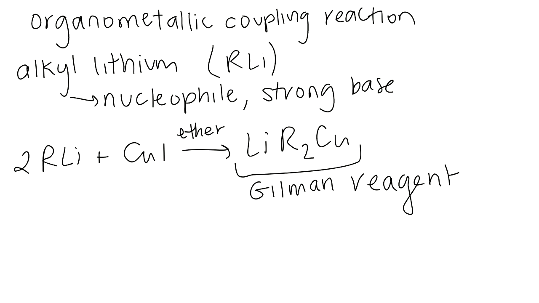So here all we're doing is taking one hydrocarbon and we're trying to elongate it. So let's say, for instance, that I'm starting off with CH3Li. So technically our H's are over here and our Li is attached here. So we're going to add CuI. We don't need to worry about the mechanism for this reaction. We're going to run this reaction in ether.